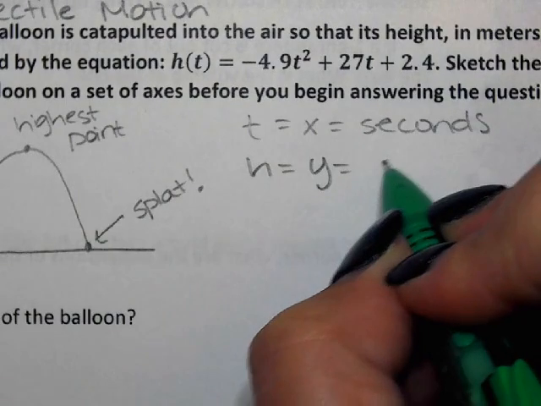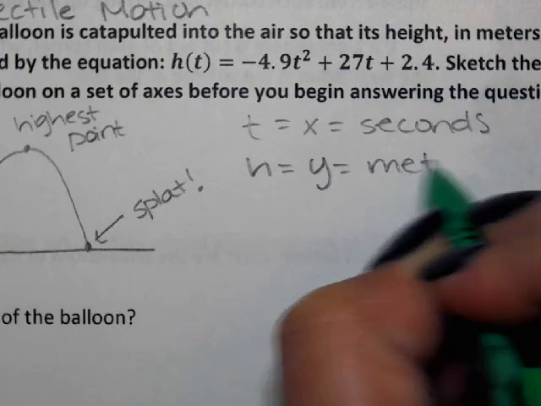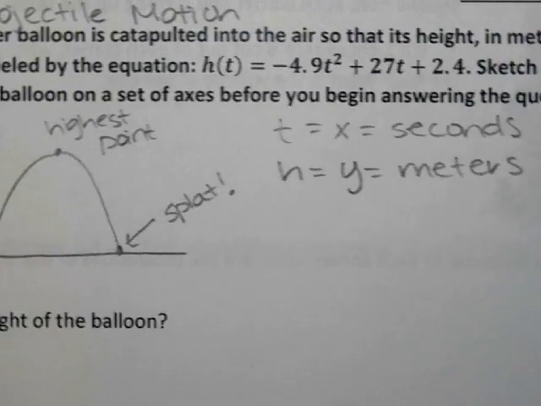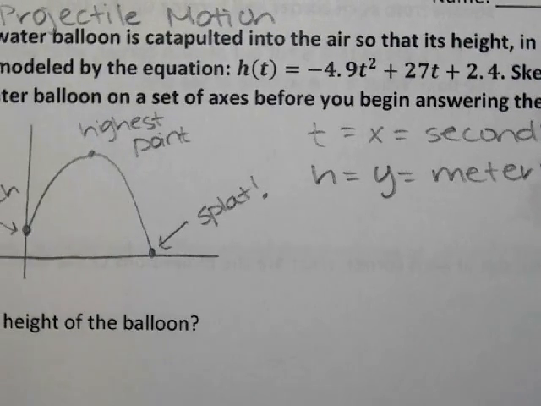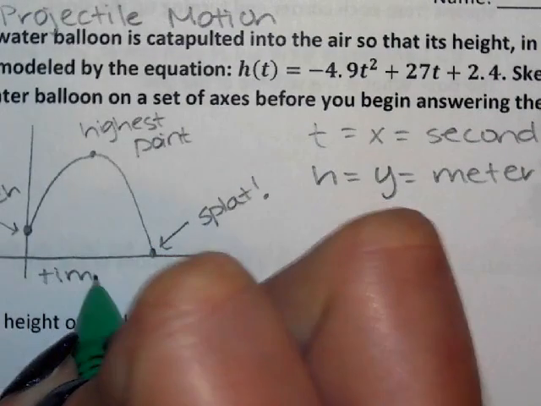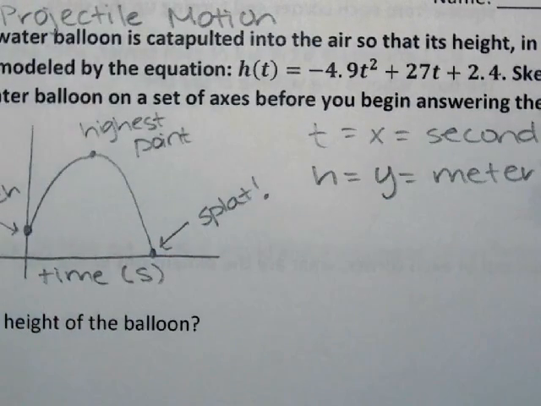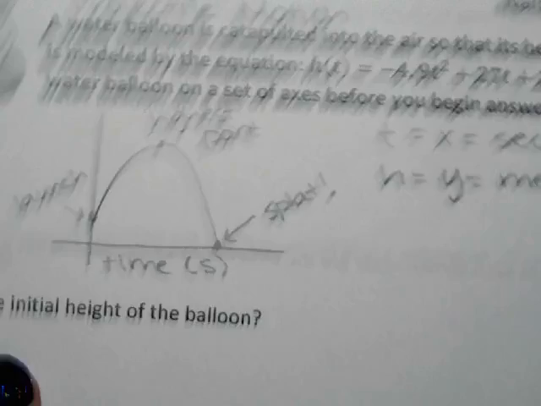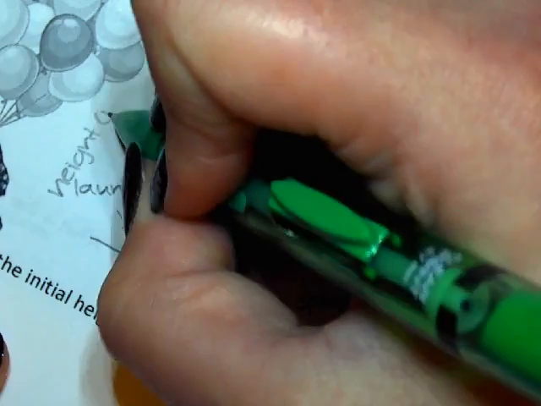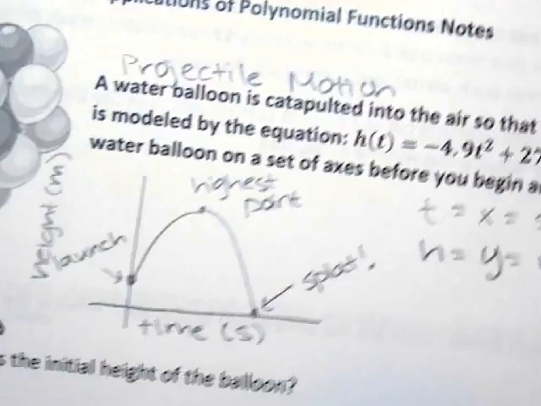It's the height off the ground in meters. So I'm going to go ahead and label that in my picture so it makes sense. So I'm going to say that this is my time in seconds. And then I'm going to say this side right here is height in meters. Just so that I have a general sense of what is going on.